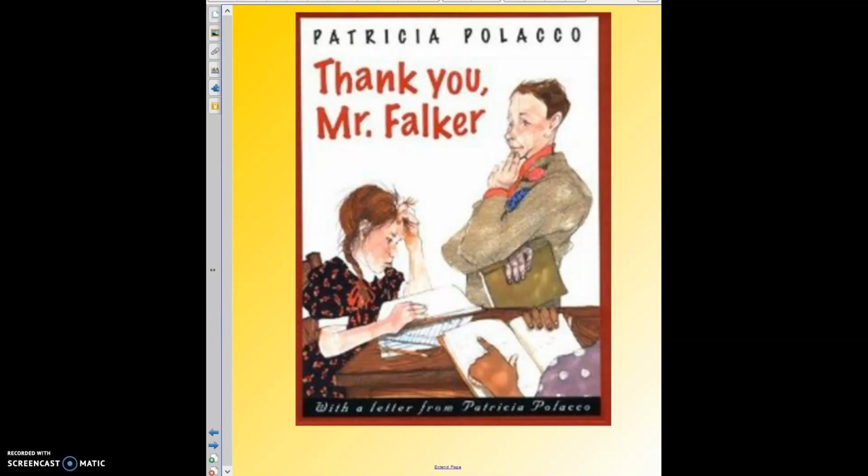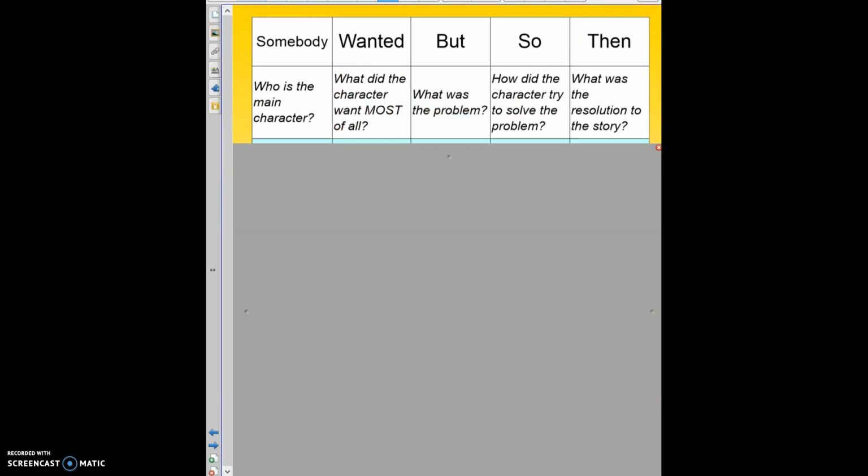Okay, so now I'm going to get started. I'm going to use the same strategy, but you're going to help me fill it out this time. Go ahead and copy this chart on a separate sheet of paper or on a separate Google Doc. See if you can fill in those important details on your own.